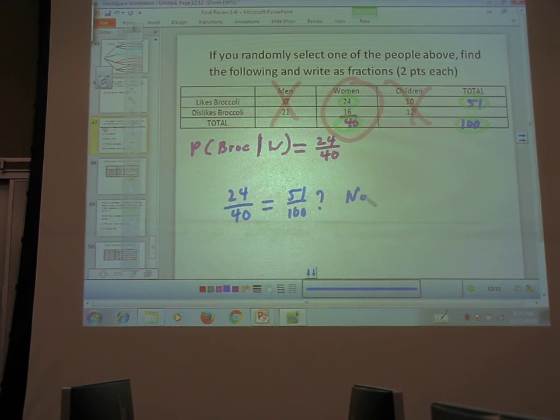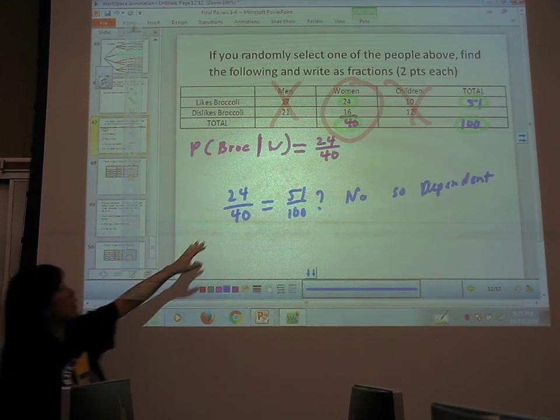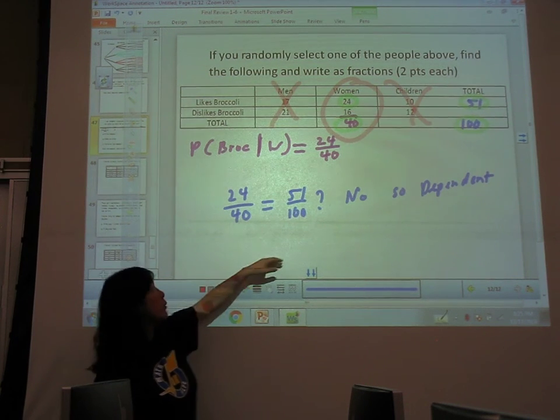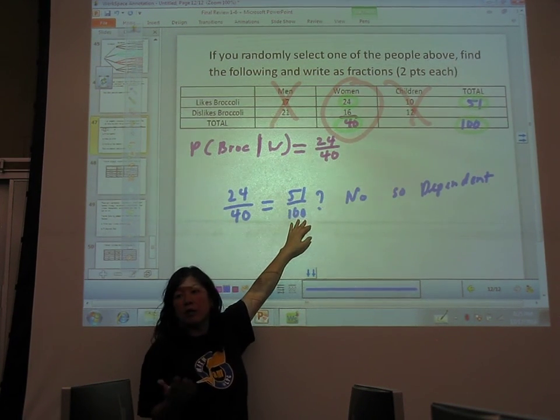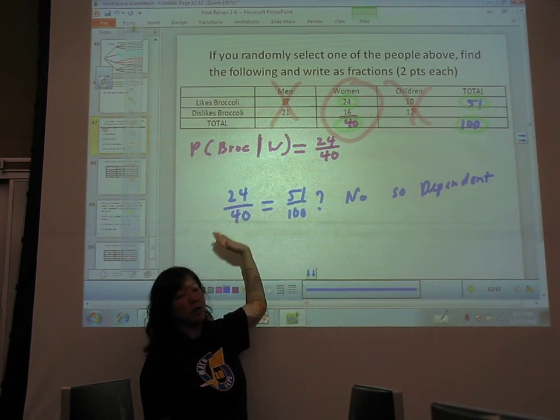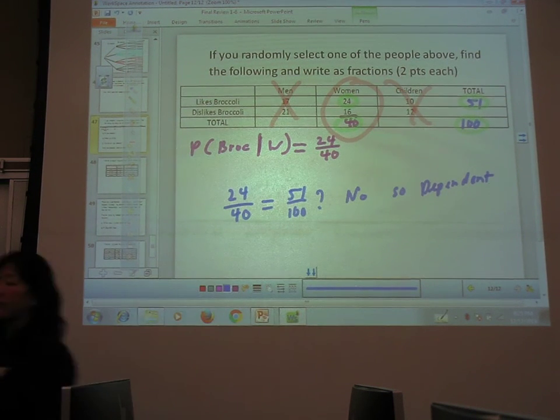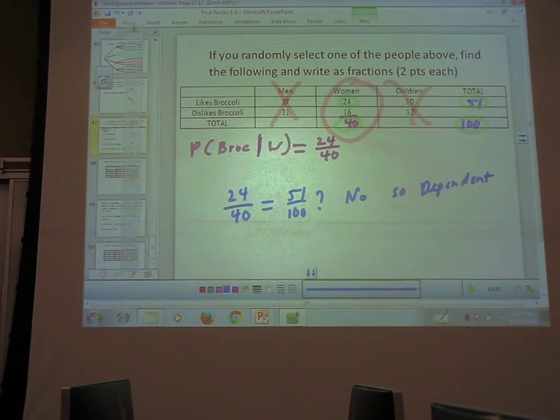No. So dependent. Or you could just compare the probability of broccoli given woman to the probability of broccoli given nothing at all. Are they the same? No, so they're dependent.